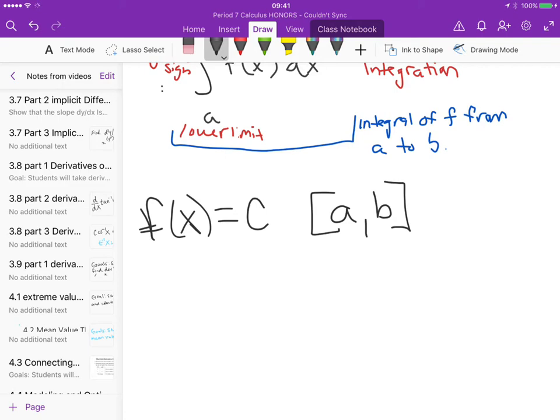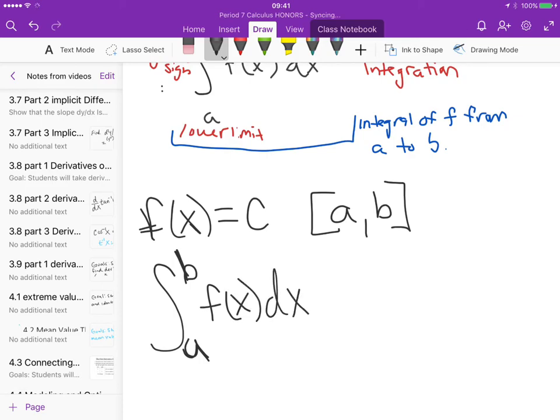We would write this as the integral from a to b of f of x dx. Since f of x is the constant, we can write that as the integral from a to b of c, our constant, dx.